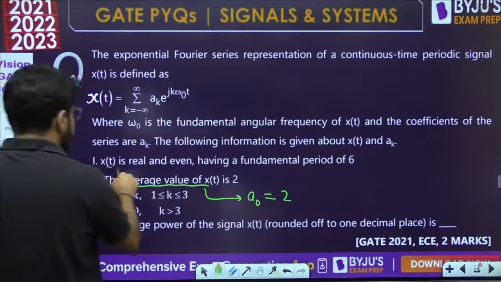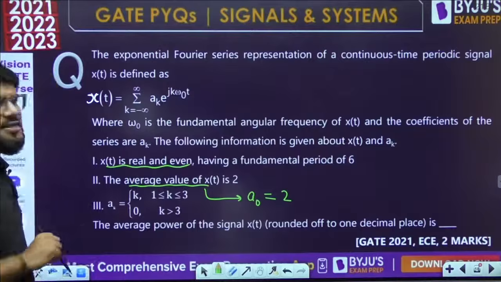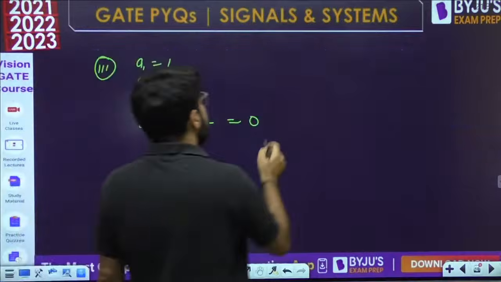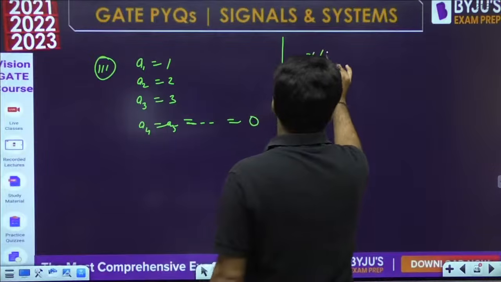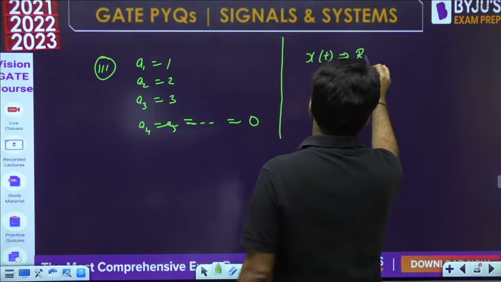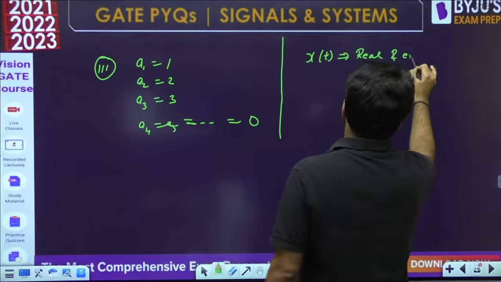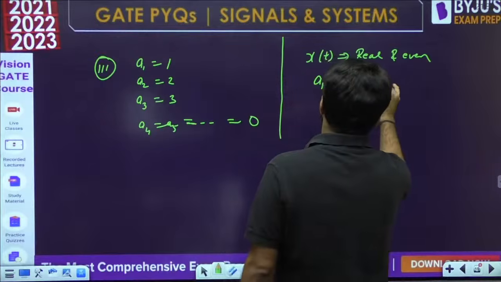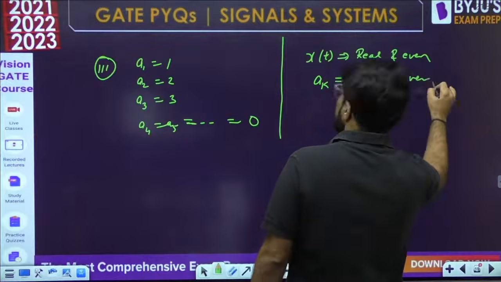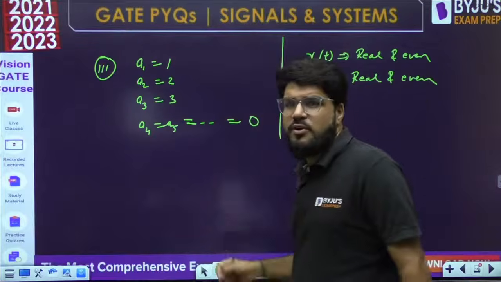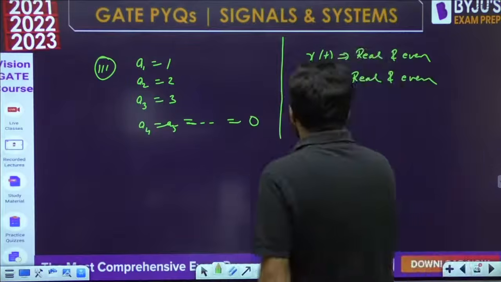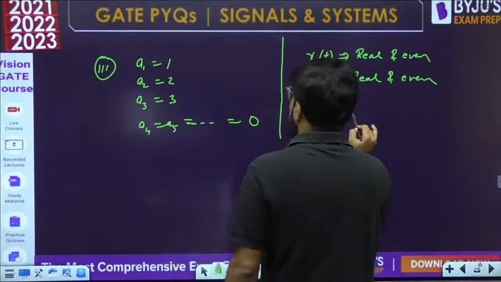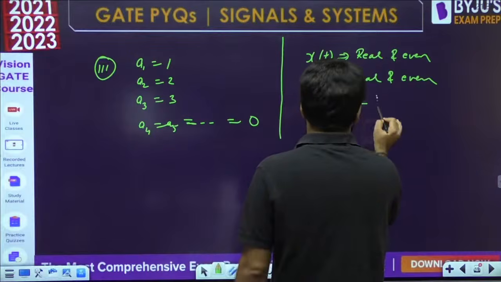But now the signal is real and even. If the signal is real and even, guys, what is the property? The Fourier series coefficients are also real and even, right? That means A minus 1, वो भी even symmetry follow करेंगे, will be 1.